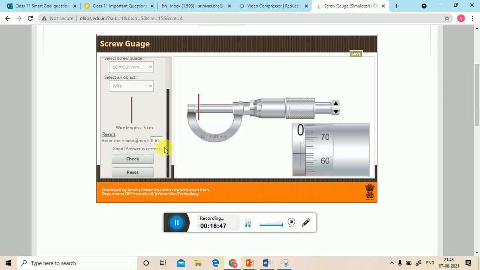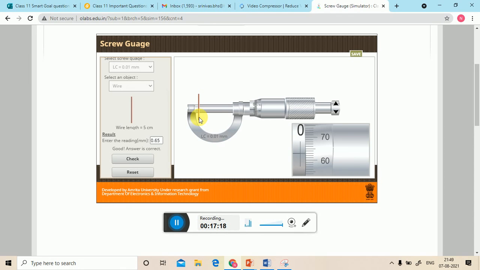Once we are getting the values like what is shown in that video, you can tabulate the readings, and if you measure the length of this wire, it will be easy for you to calculate the volume of the wire by using pi r square L. From this thickness, which is the diameter, we can easily find out the radius. Once we get the radius, we can use the pi r square L equation to find the volume of the given wire.